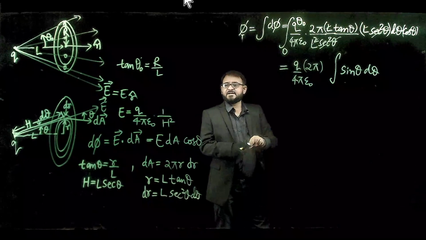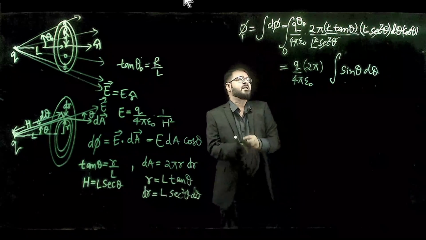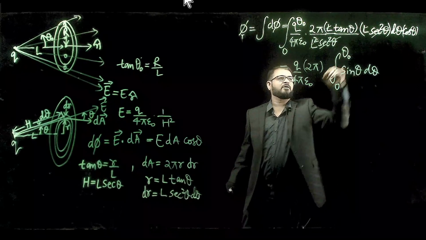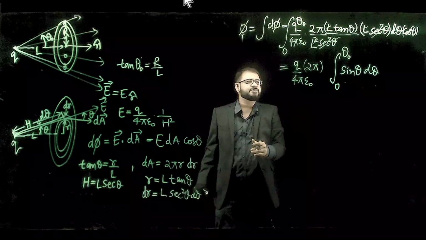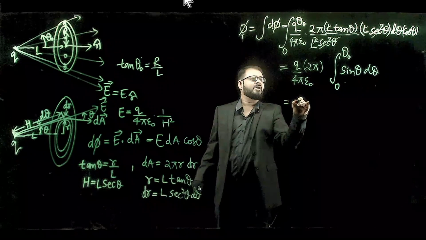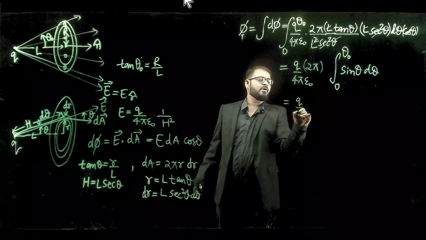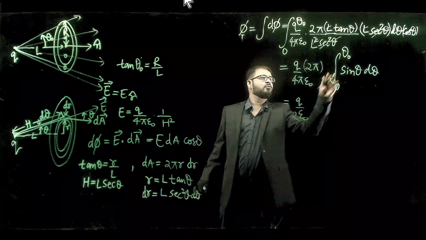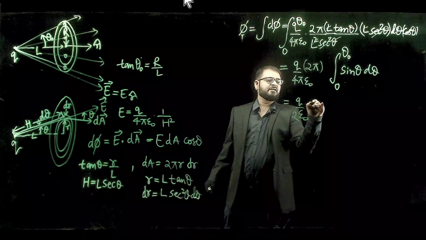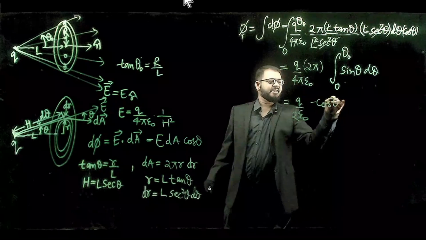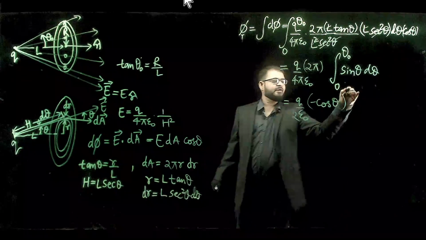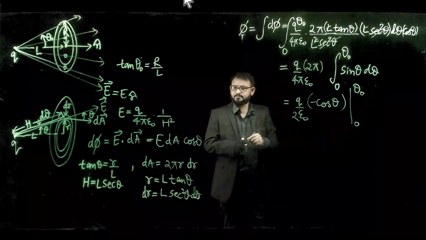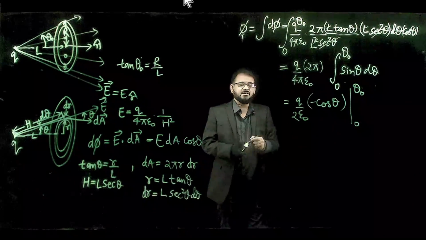Now, in this integral, what we are going to do, we are going to integrate between 0 to theta naught. Now, you can see this has become so simple. And if you rewrite it, Q by 2 epsilon naught, you basically get minus cos theta. Okay, and theta changes from 0 to theta naught. All right, it's clear until here.